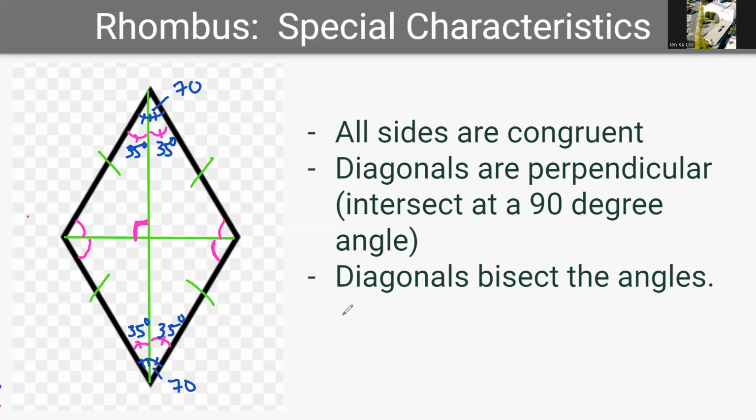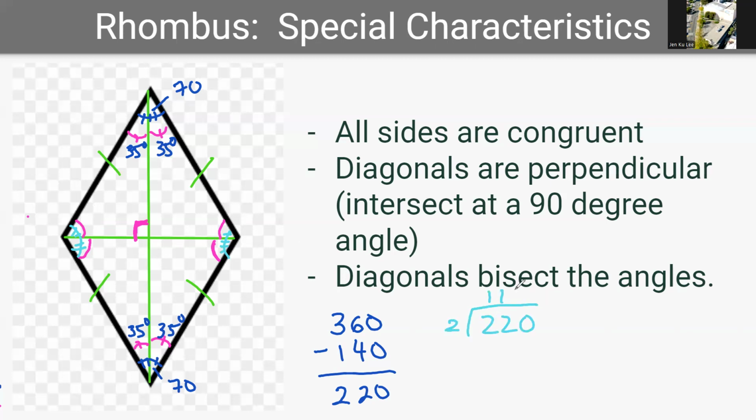You know a quadrilateral is 360. So 360 minus 140, that is 220, right? So these two angles have to equal 220, the remaining angles. And if I divide 220 by 2, that's 110.